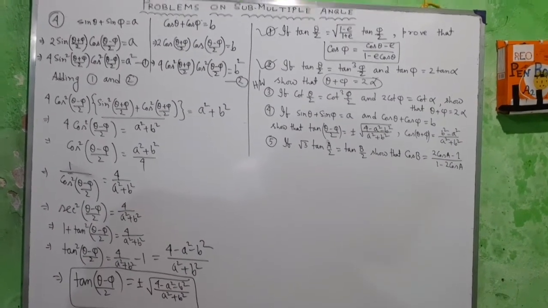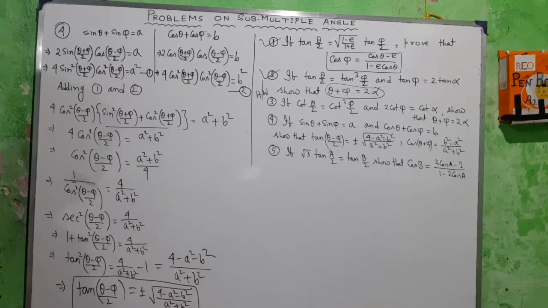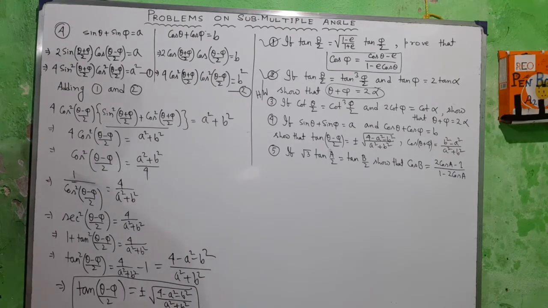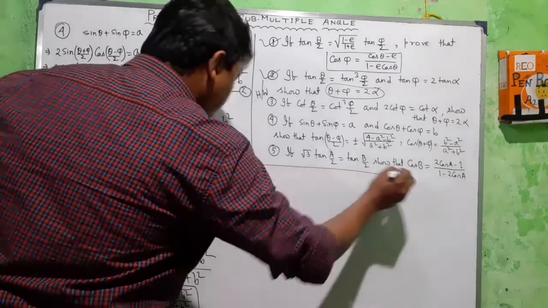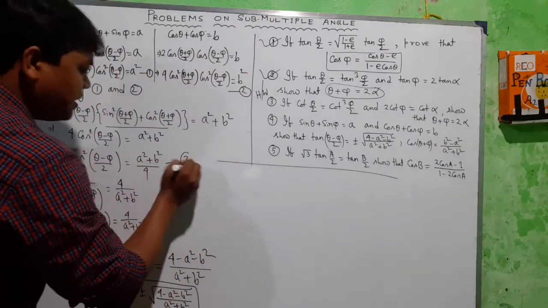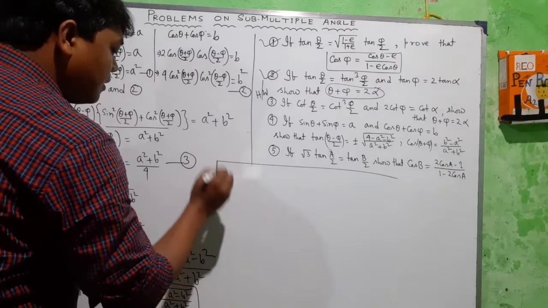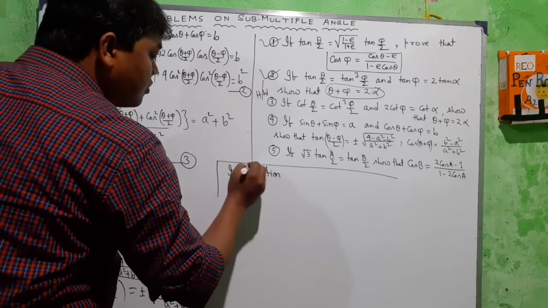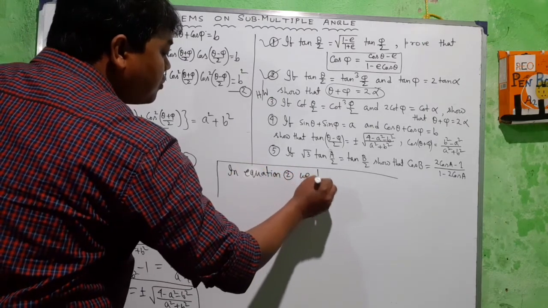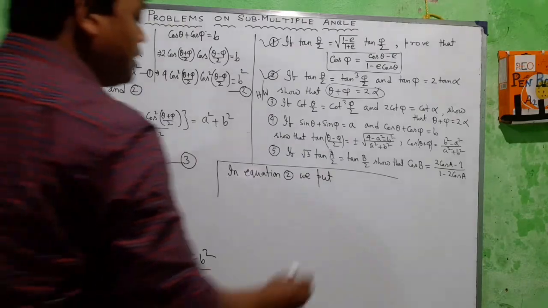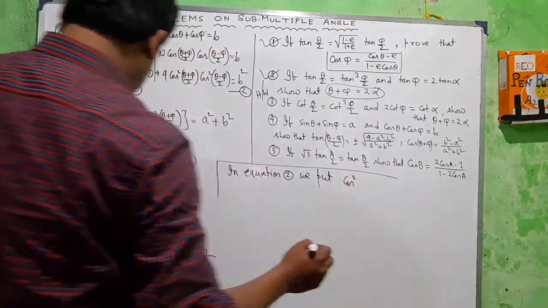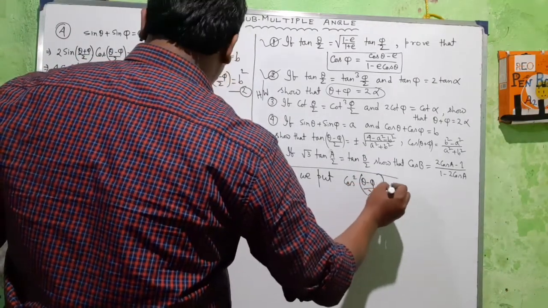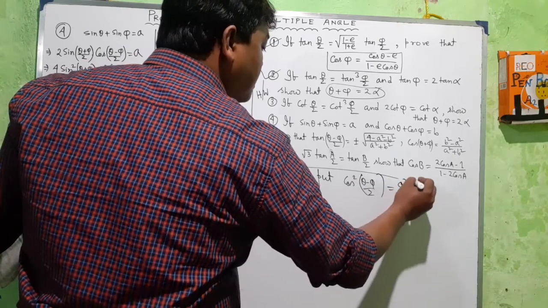Clear? So next we have to show that cos (theta plus phi), from equation 2, so this is my equation number 3. In equation 2 we put cos square (theta minus phi)/2 equals (a square plus b square) by 4.